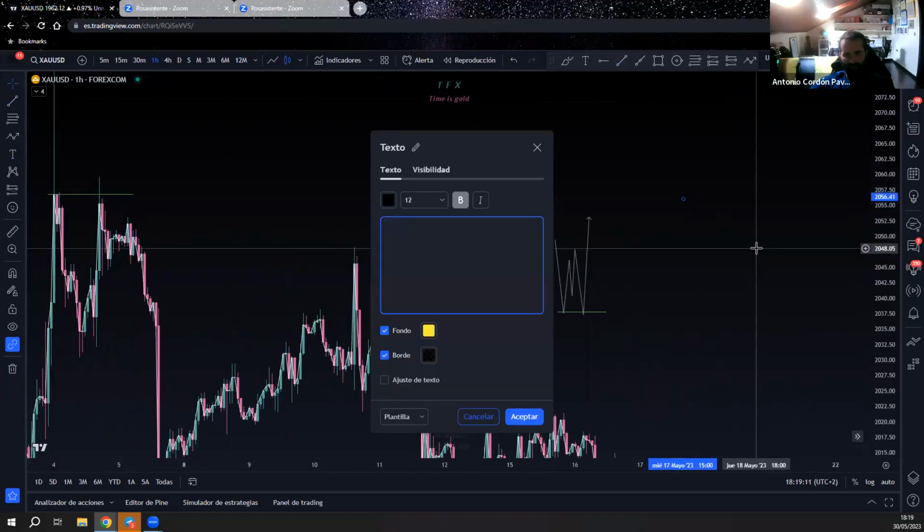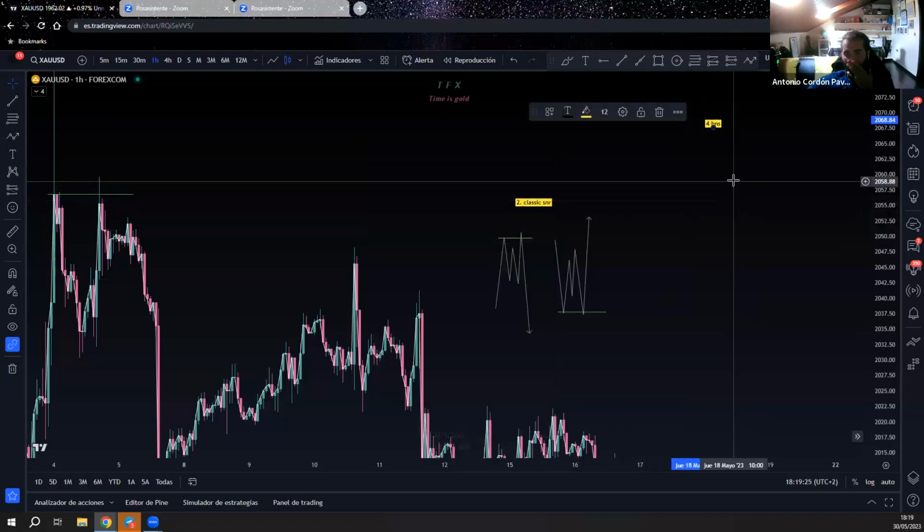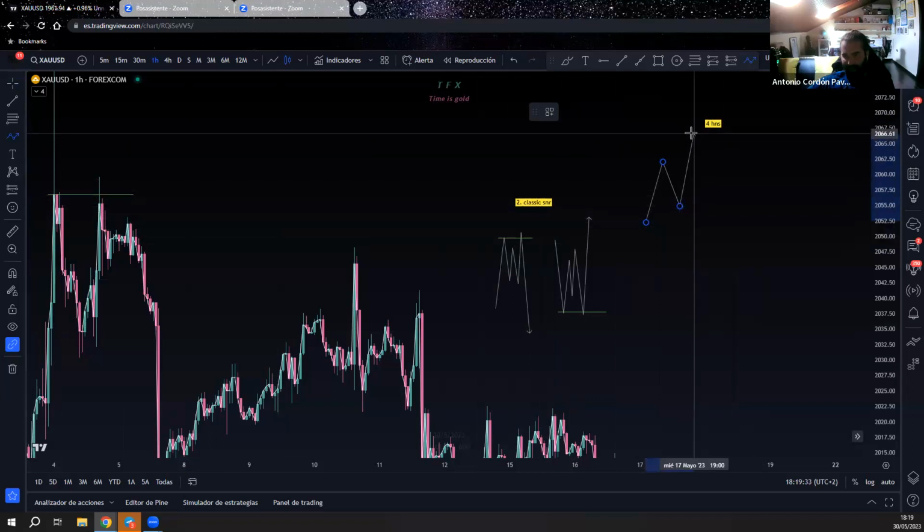And the third one is head and shoulders. Okay, and this is very easy. You can call it Quasimodo as well. We are going to try to find something like this. We have a high, and then we have a higher high, and then we have a break.